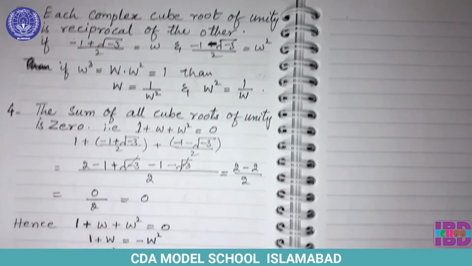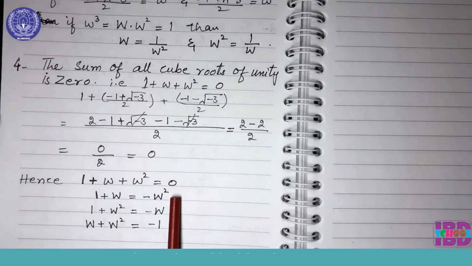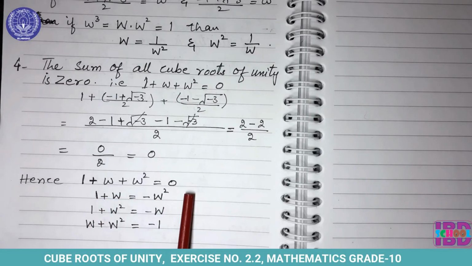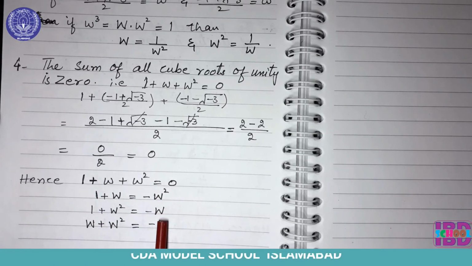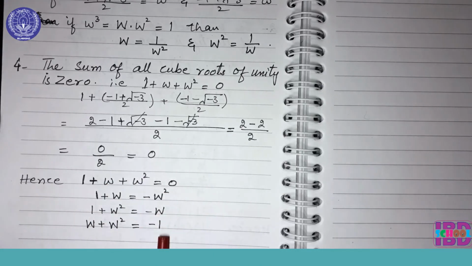Hence 1 plus omega plus omega square is equal to 0, and 1 plus omega is equal to minus omega square, and 1 plus omega square is equal to minus omega, and omega plus omega square is equal to minus 1.